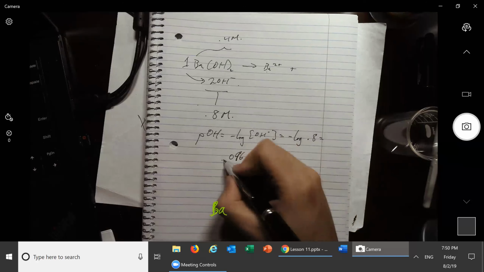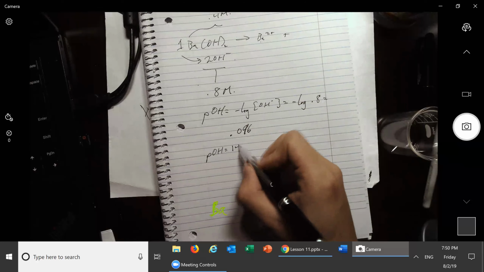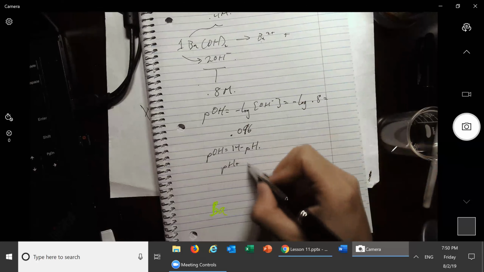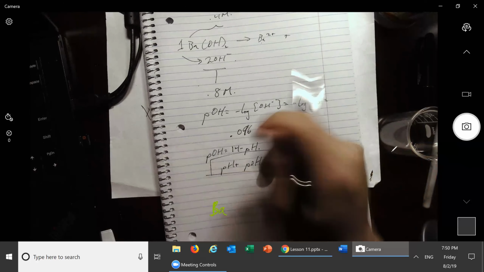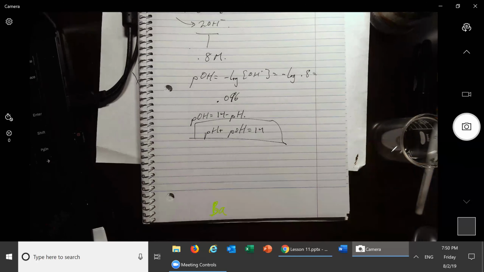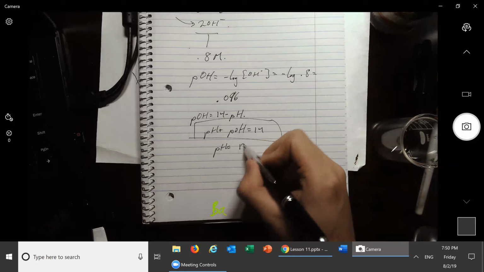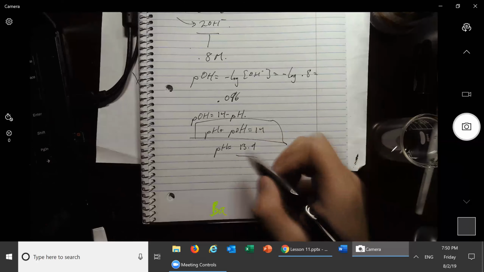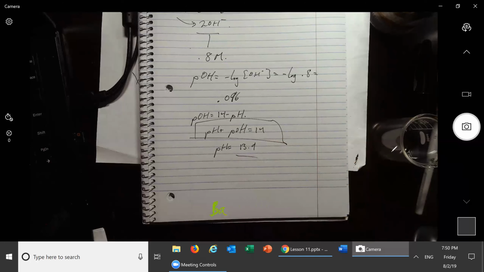And then furthermore, we have pOH equals 14 minus pH, right? Since pH plus pOH equals 14, which you should know. This equation you should know. So therefore, we have pH equals 13.9. And this is a very basic solution. So this is a very strongly basic alkaline solution.